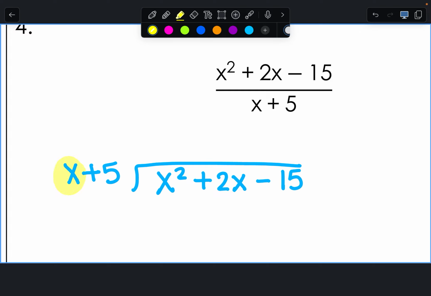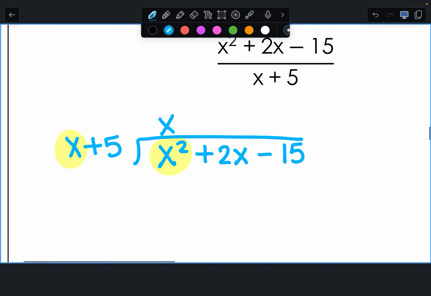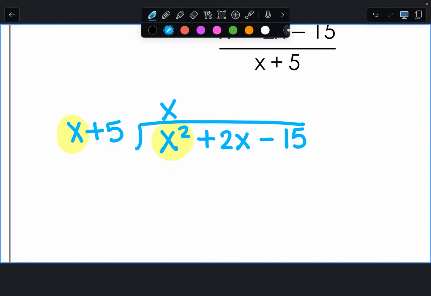Here we go. Focus on the first term. X times what gives you x squared? Okay. So we multiply the quotient by the divisor. X times x, x squared. And then x times 5, 5x.